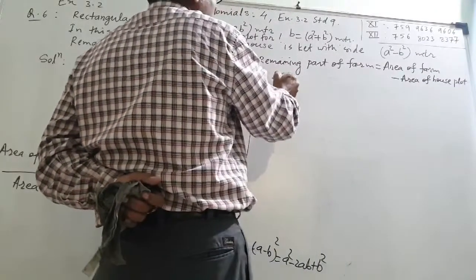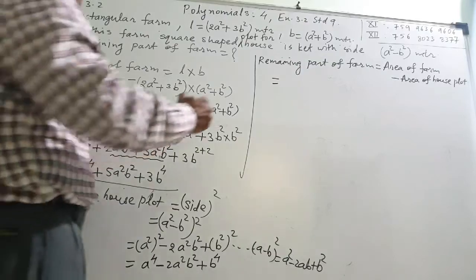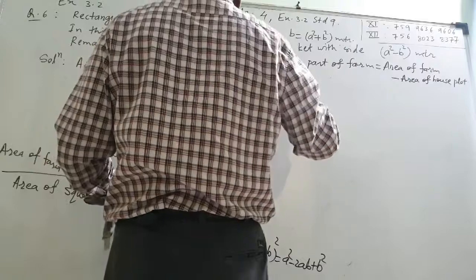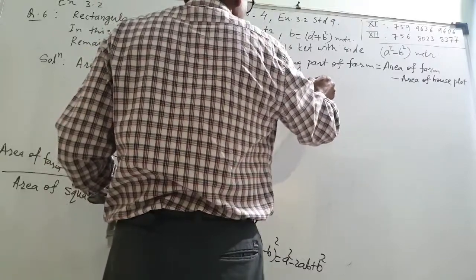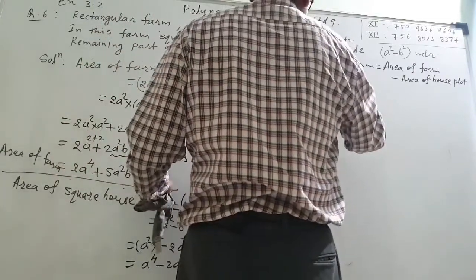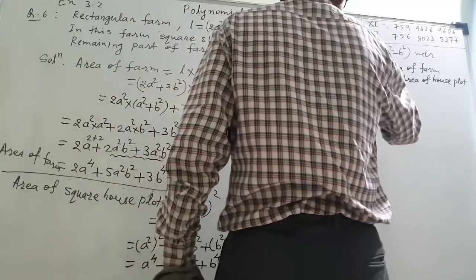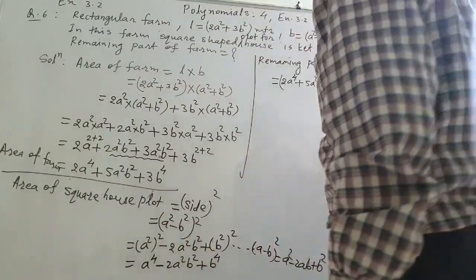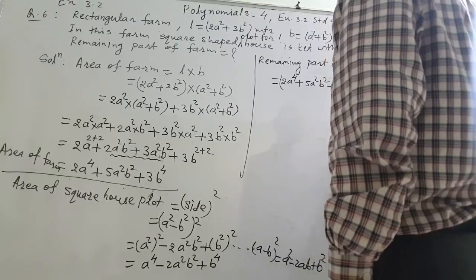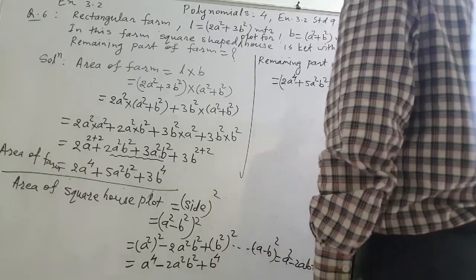This is the area of the farm, 2a raised to 4 plus 5a square b square plus 3b raised to 4, minus area of the house plot, which is a raised to 4 minus 2a square b square plus b raised to 4.